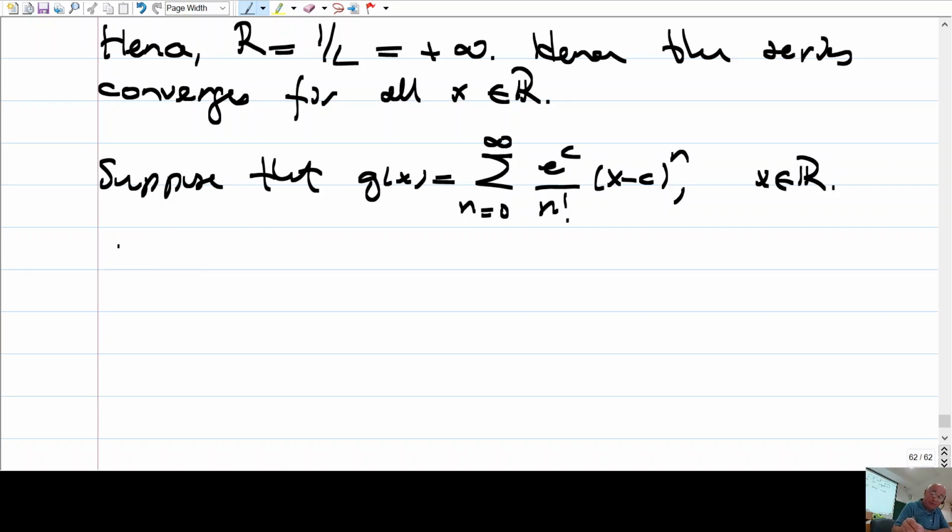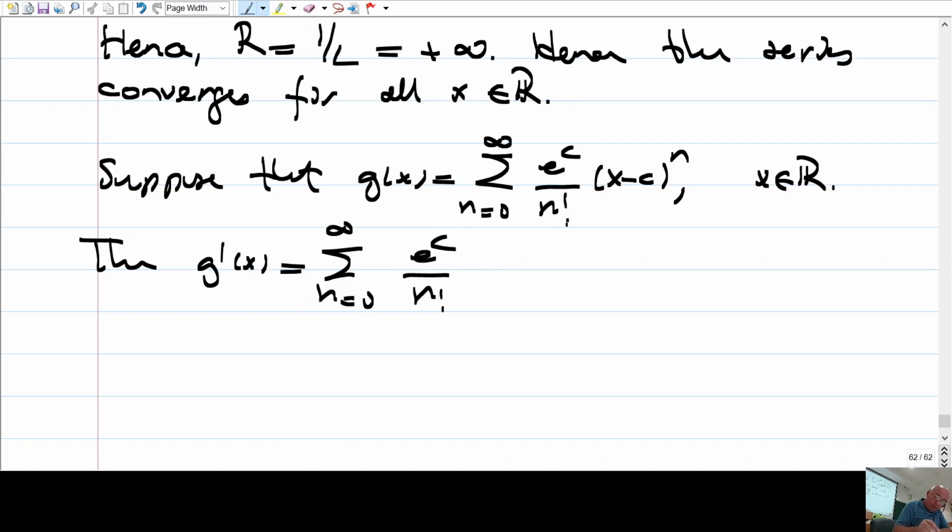Let's take the derivative. Then the derivative of this is the sum from n equals 0 to infinity of e to the power c over n factorial, and then n times x minus c to the power n minus 1. Let me write it this way, it is easier.